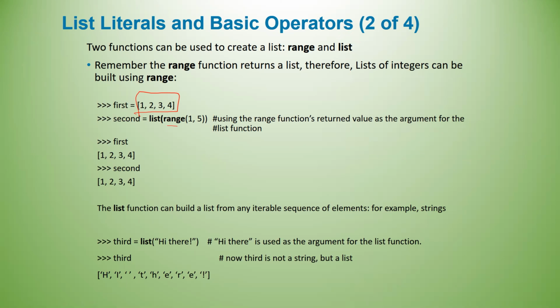So range from 1 to 5, we are creating a sequence of values and using the list function to make it into an actual list. So now second will have a list like this. Remember, the second argument is not included, right? So you have 1, 2, 3, 4. So that's how you can create a list, combining list and range.